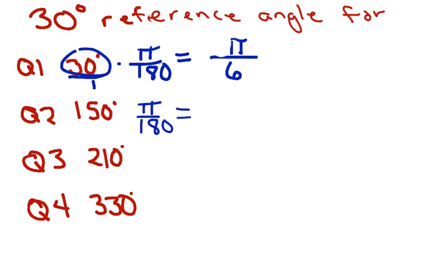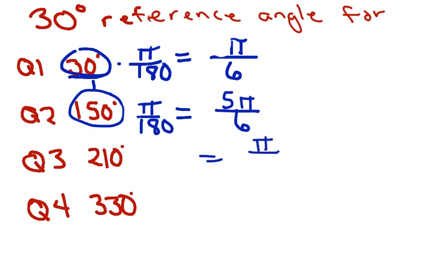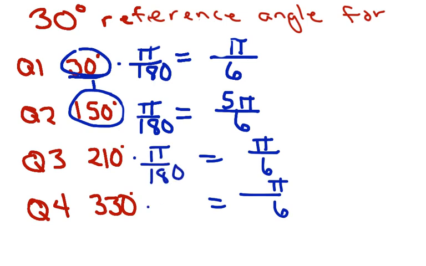Now, we already know that there's 6 30 degrees in 180. How many 30 degrees are in 150? Right, 5. So that's going to be 5 pi. So all of these here are going to be something pi over 6, because when you multiply by pi over 180, there's always 6 30 degrees in 180.